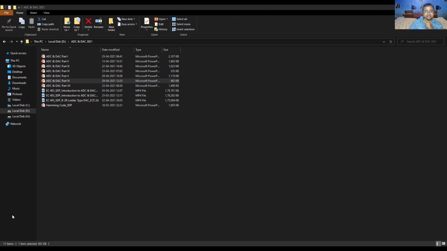The output of the integrator is minus 1 by RC integral of Vin dt, that is equal to minus Vin into t by RC, where RC is the time constant of the ramp generator circuit. If the input voltage is positive, then the output of the integrator is negative, that is V1 is less than 0, due to which VC is equal to 1.